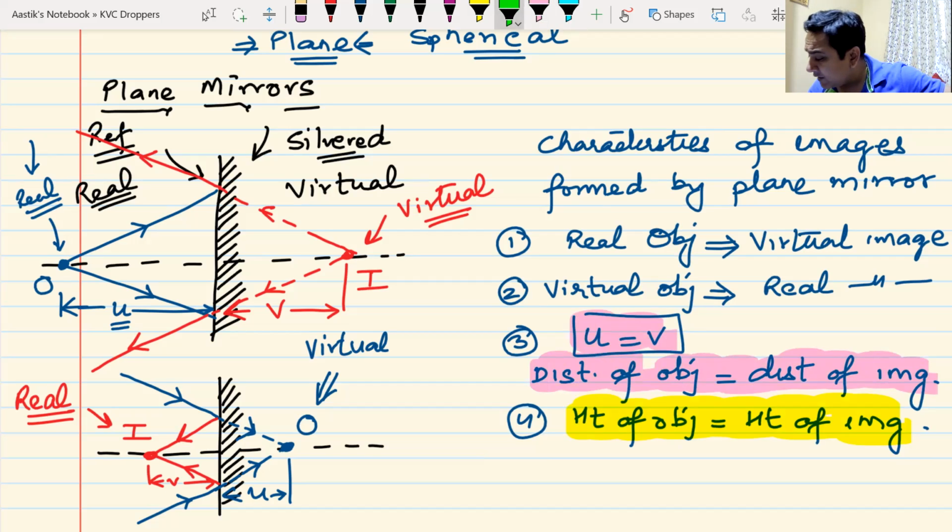When we go ahead, we will understand that these two things are very closely related to each other. That means height of the object is somehow related to the distance of the object. Height of the image will be somehow related to the distance of the image.